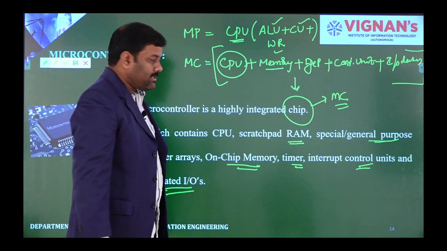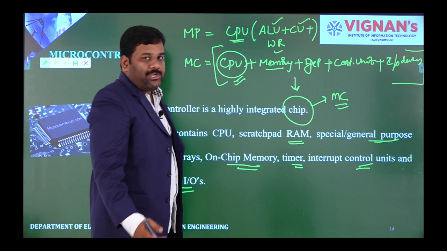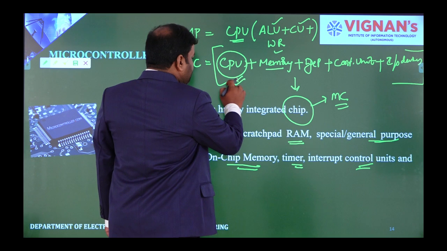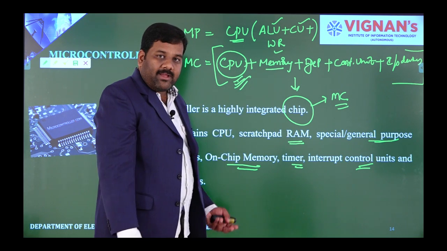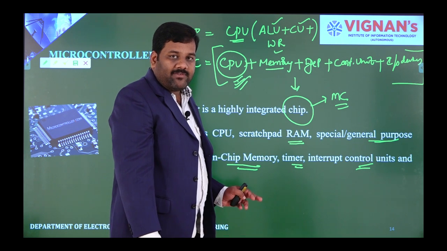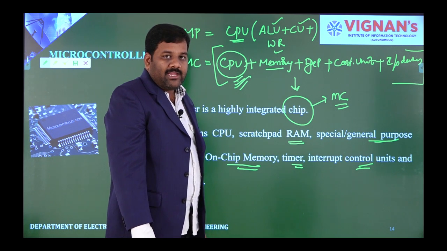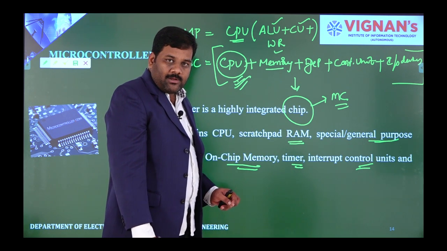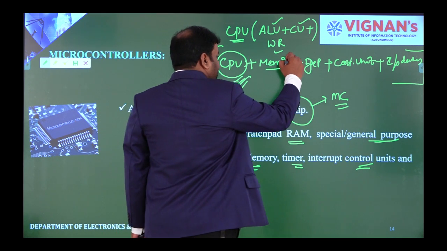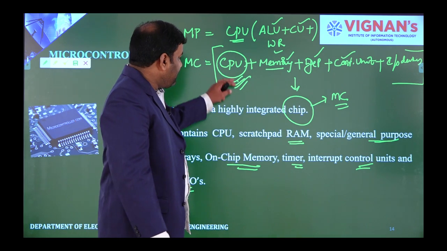If it is a microprocessor, I have only the CPU. The rest I need to collect manually, and I need to create the interface between all the components and the CPU. But if it is a microcontroller, we don't need to create any interface externally for implementing any task. When manufacturing a microcontroller, it is built in, so we take the support of all the components along with the CPU.